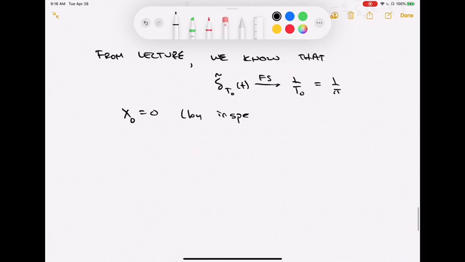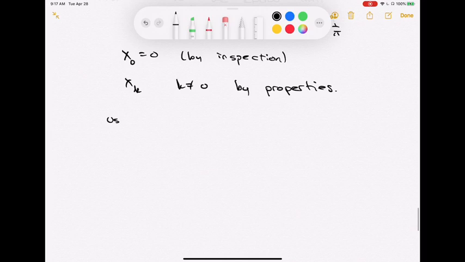By inspection. And we can find x sub k for k not equal to 0 by these properties, along with that knowledge of what the delta function does. So what do I know? I can use linearity, right, and time shifting to find the transform of my u signal.